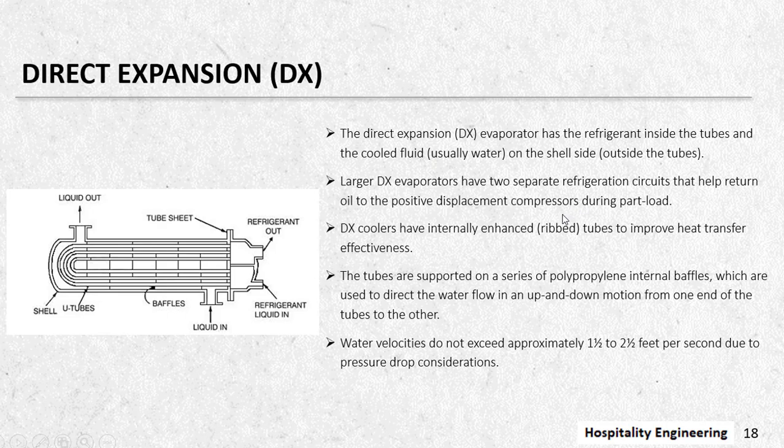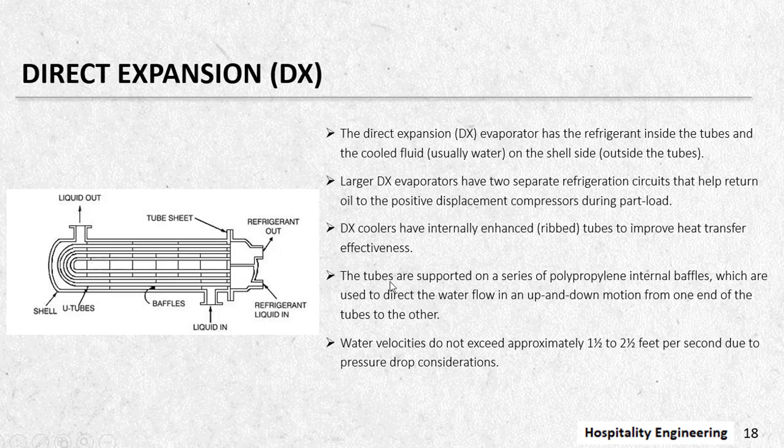Larger DX evaporators have two separate refrigeration circuits that help return oil to the positive displacement compressor during the part load. DX coolers have internally enhanced tubes to improve the heat transfer effectiveness.